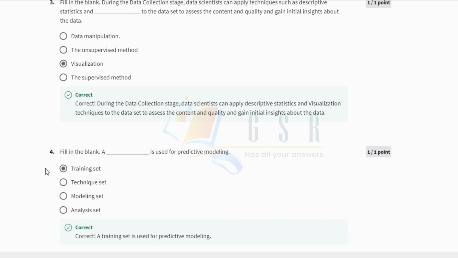The fourth one is: a training set is used for predictive modeling. So what is a training set and a test set? When you are deciding on a method, or you can say a model, with the help of that model you are going to train your data. Since you will have historical data, you will have the correct answers for that data too.